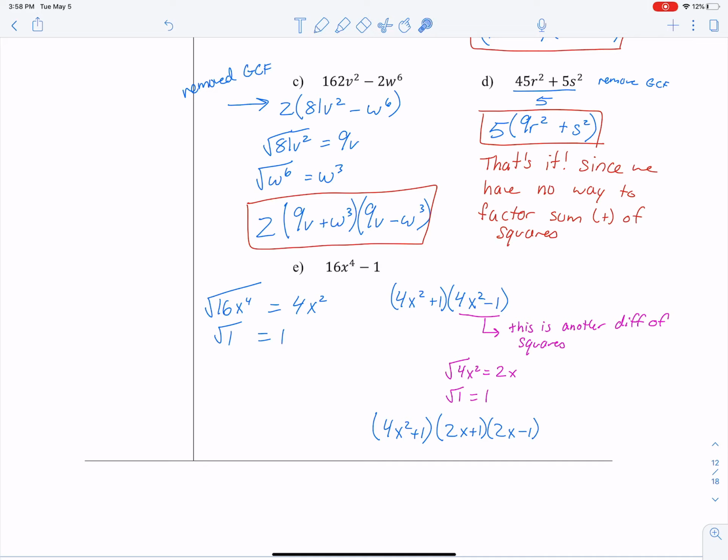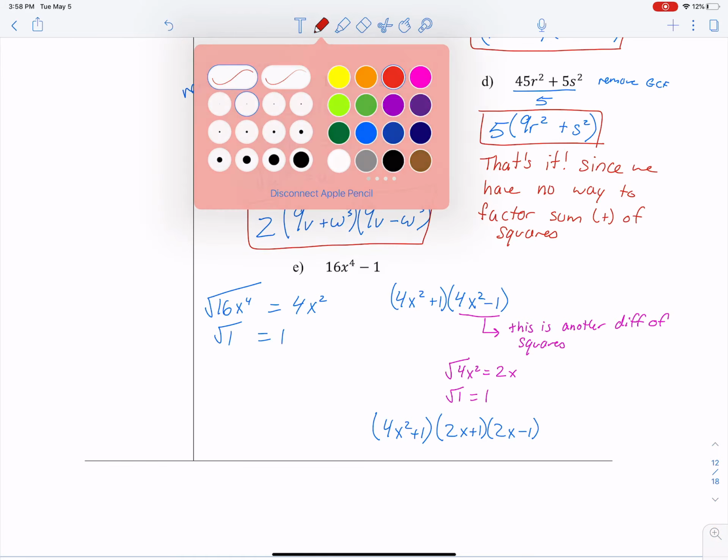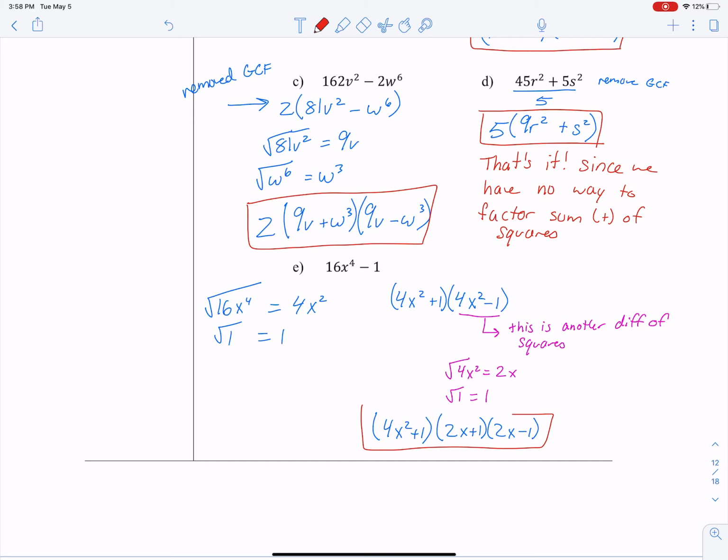And I can't go any further because my x here has no more exponent to halve, okay? So you only need to worry about this if you start off with an even number on an even exponent that is greater than 2. So it has to be an even exponent. This would work because it's a 4, okay? And this is your final answer for this question.